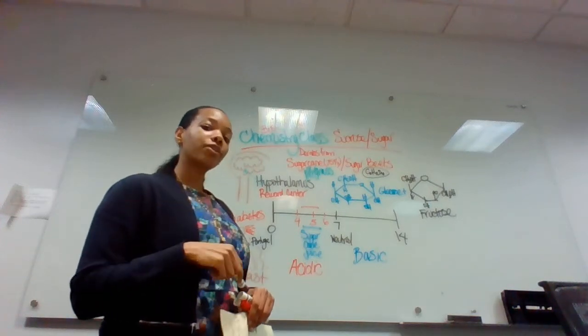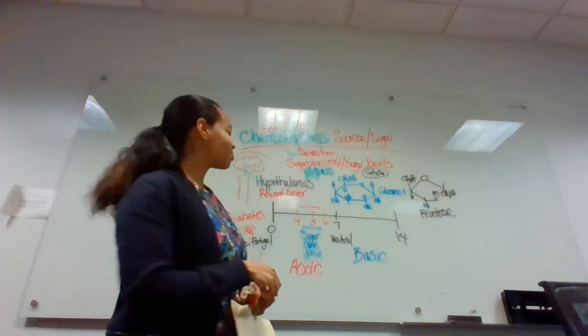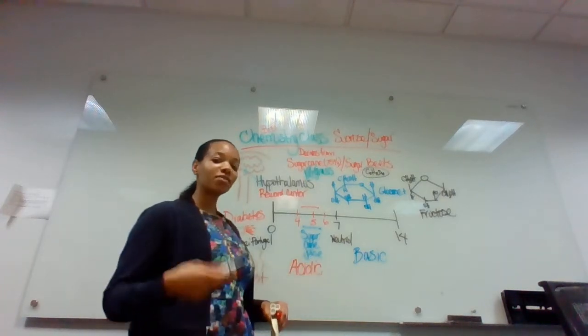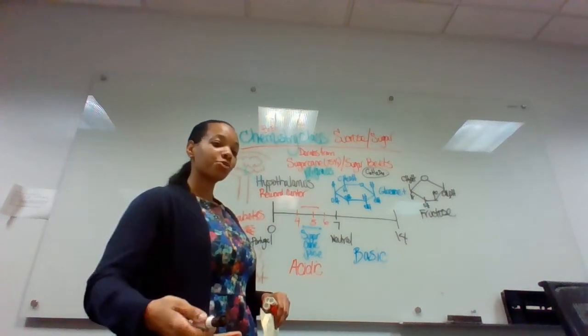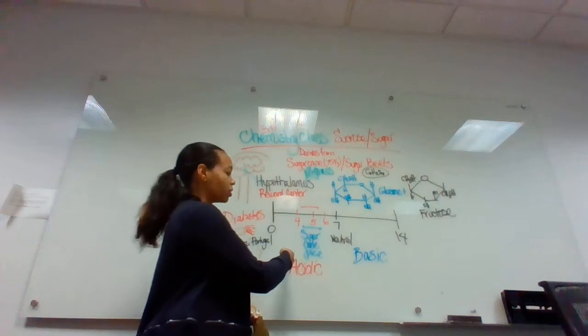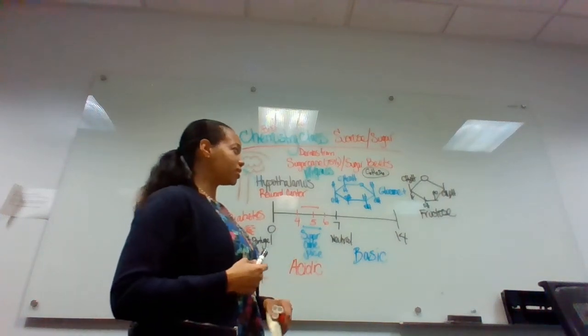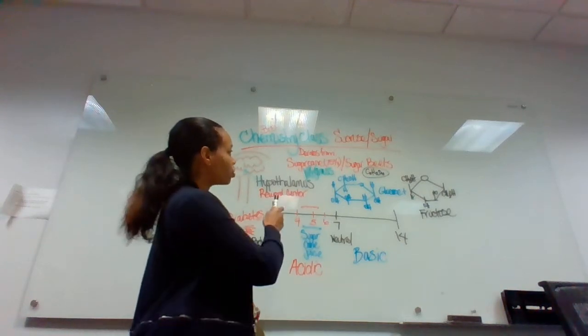Where does that fall? The acidic range, okay? So when you think of sugar cane juice produced from the sugar cane, you're going to think of 4.5 to 5.5. pH is acidic.